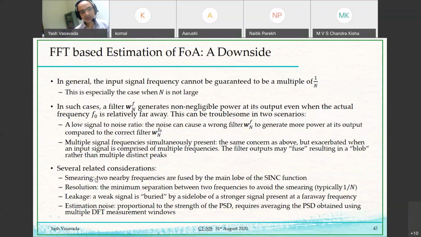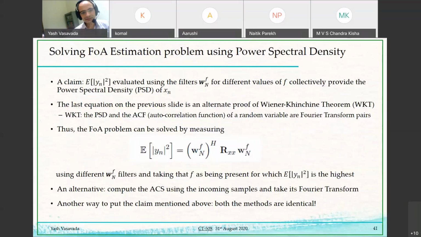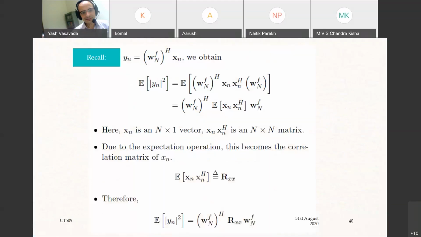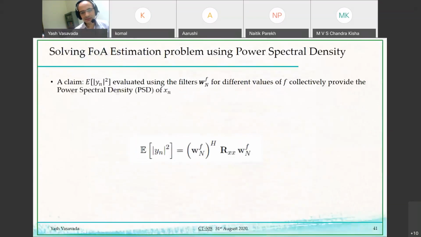There are several issues, and all of these issues are happening because that sinc function is not the ideal delta function that we would like it to be. By the way, when will the sinc function start becoming like this ideal delta function? N should be large. Yeah, n should become infinity.